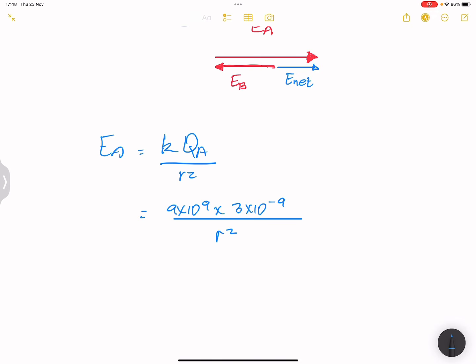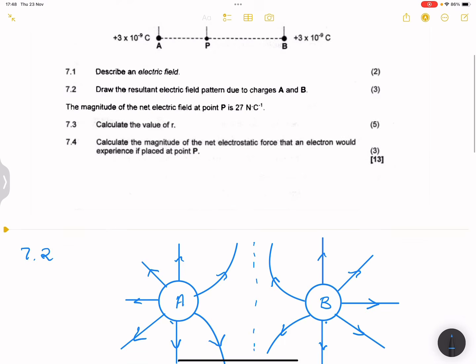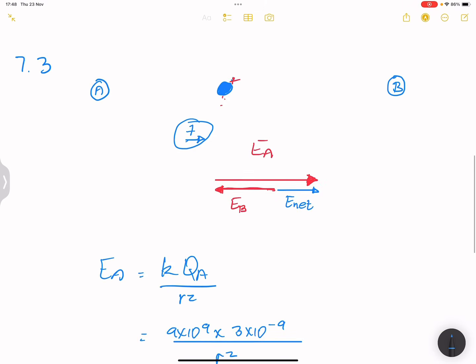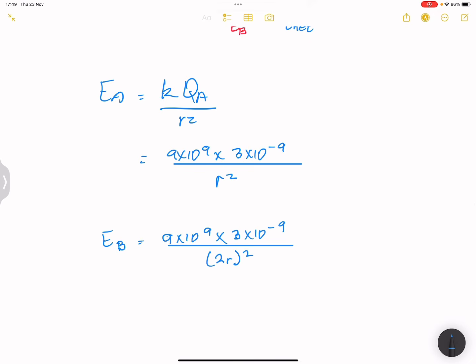And the field due to B, that's again 9 times 10 exponent 9, exactly the same thing. The only difference now is that the distance there is 2R, so it is 2R away from P.